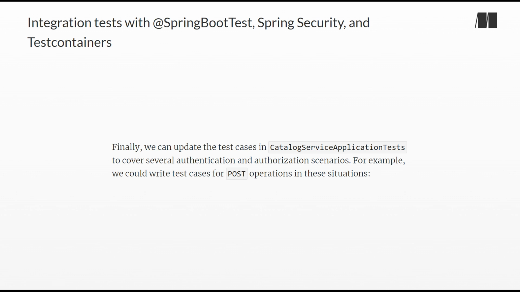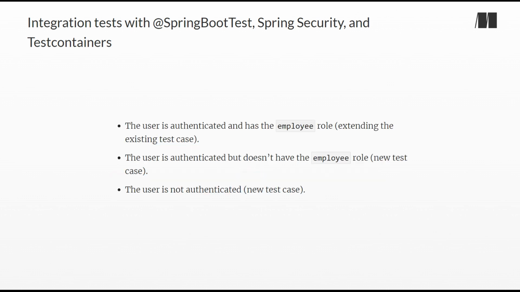Finally, we can update the test cases in Catalog Service application tests to cover several authentication and authorization scenarios. For example, we could write test cases for POST operations in these situations. The user is authenticated and has the employee role, extending the existing test case. The user is authenticated but doesn't have the employee role, new test case.